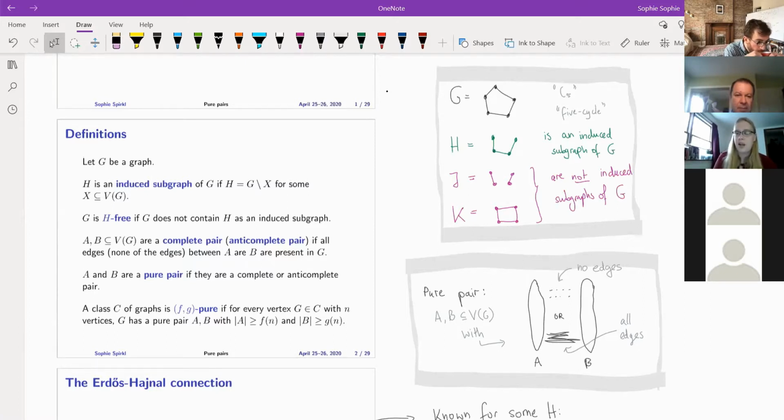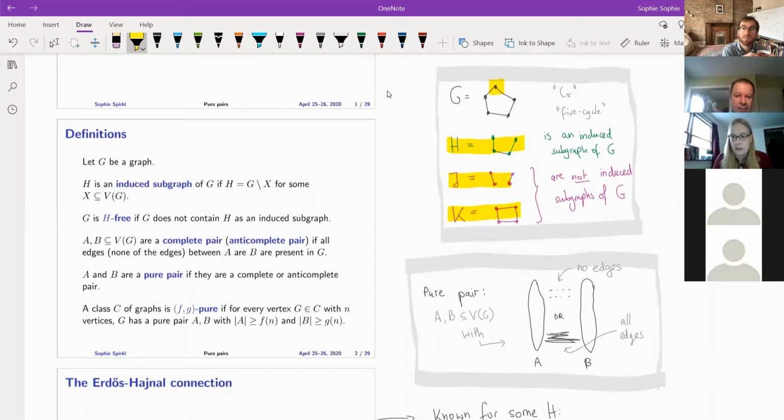So if we have a graph that's just a 5-cycle, which is here on the right, then this graph H, the green graph, is an induced subgraph because we just deleted this top vertex, but these other two graphs aren't, because to make J, we would have to also delete an edge, and to make K, we would have to contract an edge. But this is a very restrictive containment relation, which means it's very hard to say what happens if I exclude something as an induced subgraph.